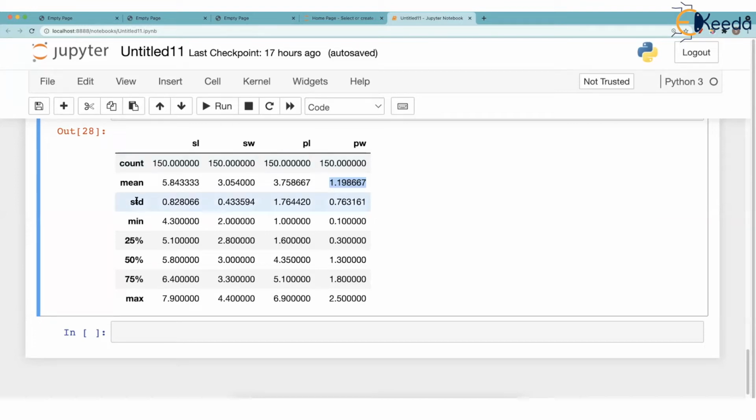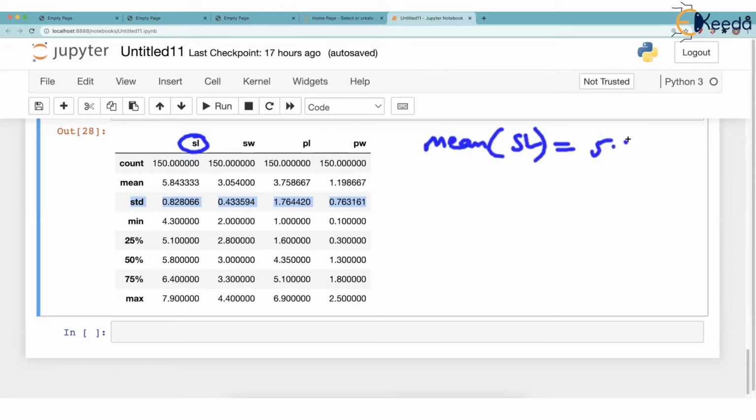Okay. What's the standard deviation? This STD means standard deviation. A very interesting figure called standard deviation. Listen carefully, because there is some mathematics involved here. So let's work with SL. You know the mean of this SL column.